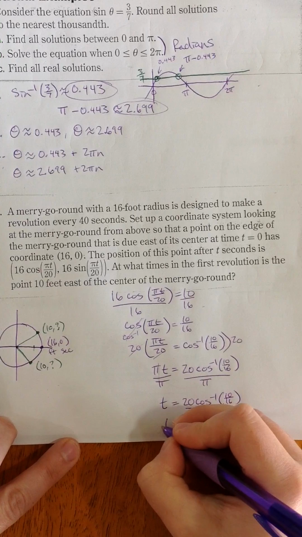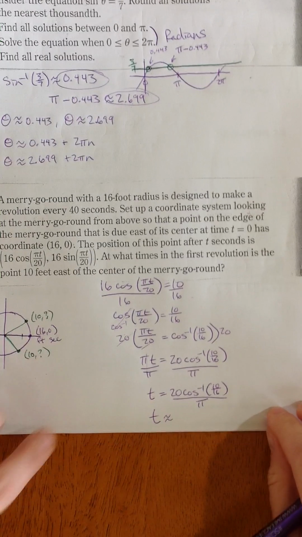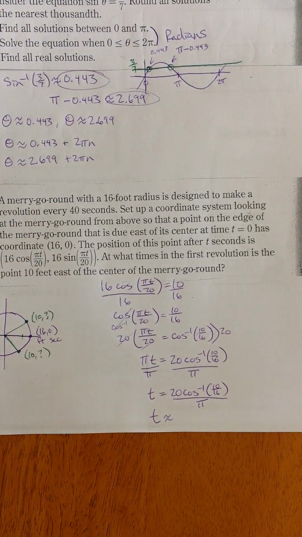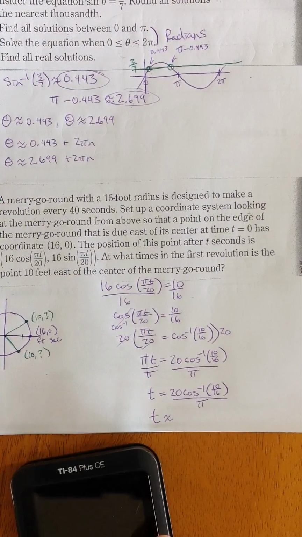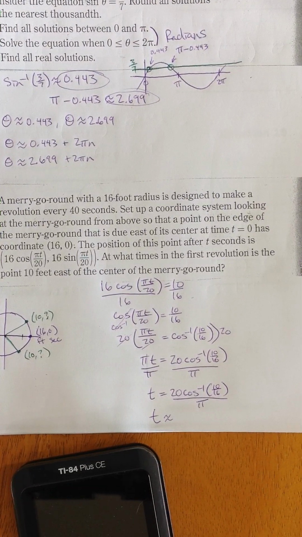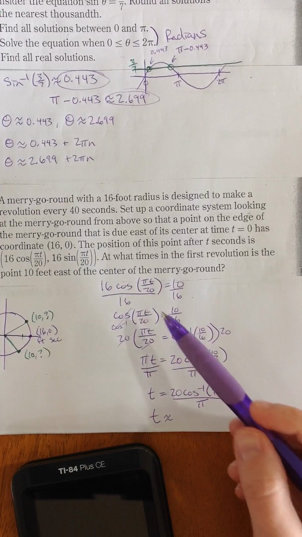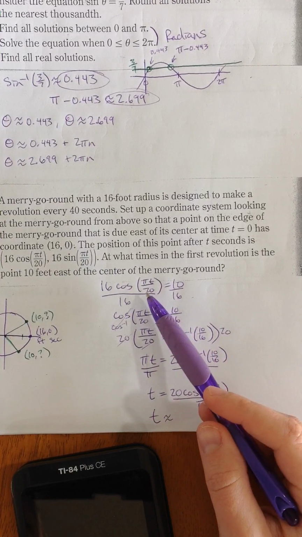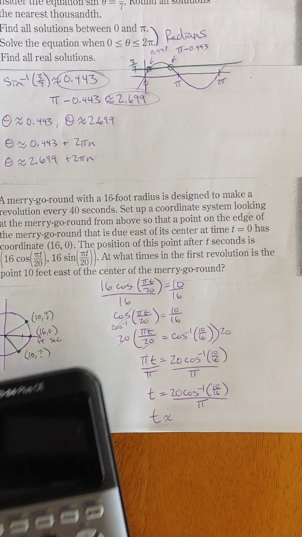Like I said, I'm just going to type that in one shot on my calculator so I'm not having to do a bunch of rounding. Here I want to make sure about what mode we're in. I don't think it tells us, so I'm assuming we're in radians because it's got the pi there. Let's double check with radians.